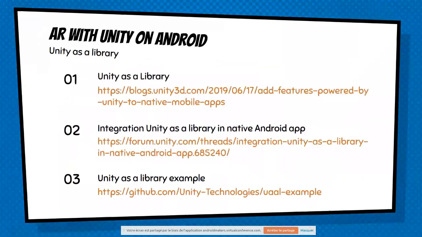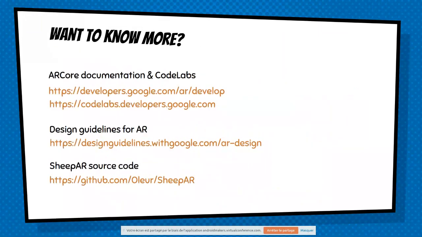So if you want to know more about Unity as a library, it's very powerful, and you don't need any knowledge of that from an Android developer part. There is a nice blog post and a very cool example from Unity. And if you want to know more about AR in general and ARCore, you can go to the developer documentation from Google.